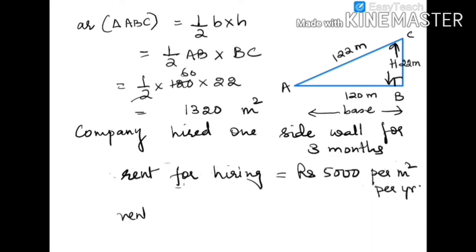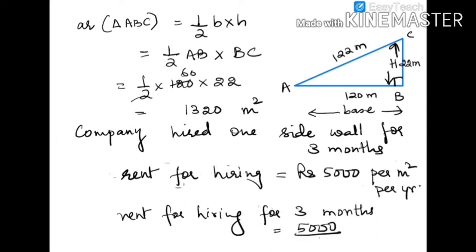So rent for hiring for 3 months will be 5,000 divided by 4. Since there are 12 months in a year and 3 months is 1/4 of 12 months, we will divide this number by 4. So 5,000 divided by 4 rupees per meter square.